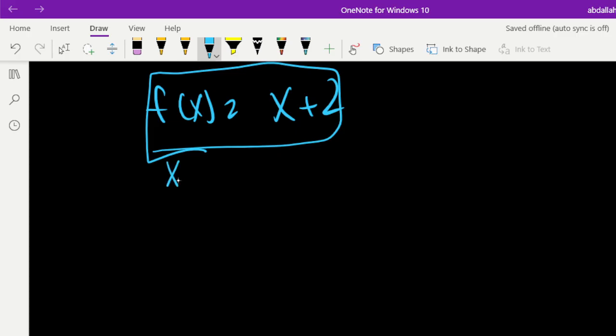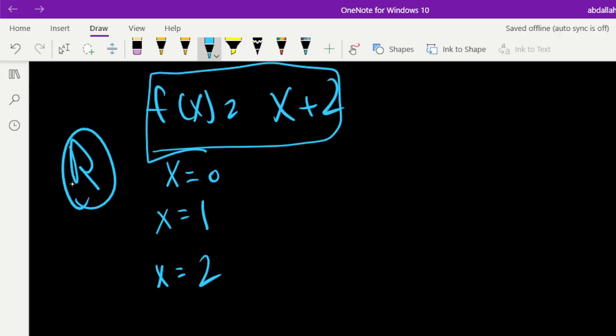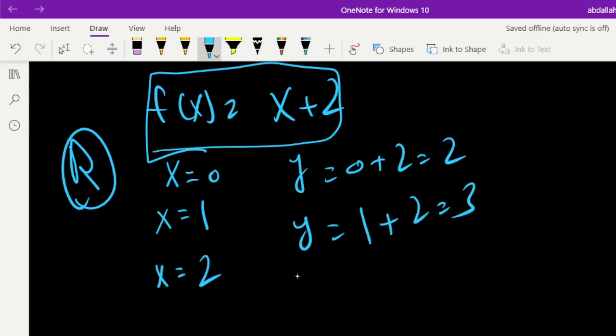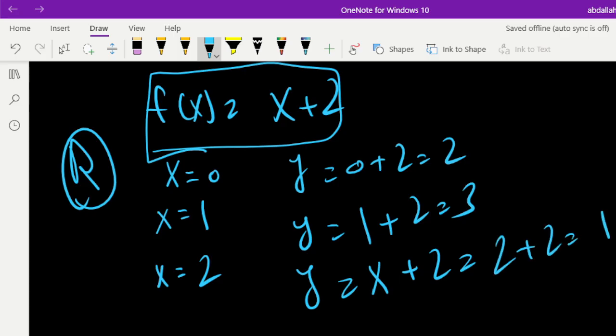Let's put x equals 0, x equals 1, x equals 2. We have our domain R, so we have to take values from our domain. So x equals 0, then y equals 0 plus 2 equals 2. y equals 1 plus 2 equals 3. y equals x plus 2 equals 2 plus 2 equals 4.